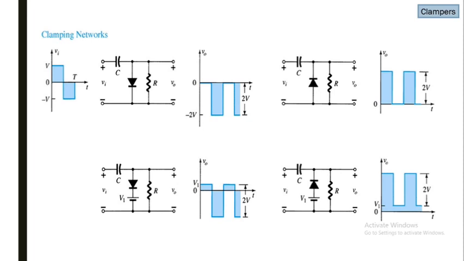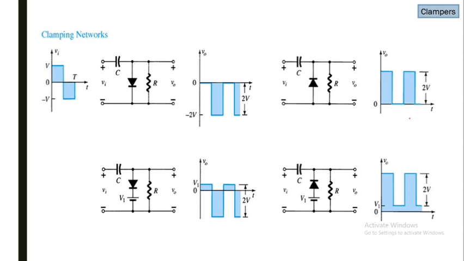Here two clamper circuits are shown, and the input signal is also shown here. So there are multiple types of clamping circuits. Few are positive clamper circuits. That means they clamp the DC value of input signal to positive side, and there are negative clamper circuits also like this, which clamp the DC value of input signal to negative side.